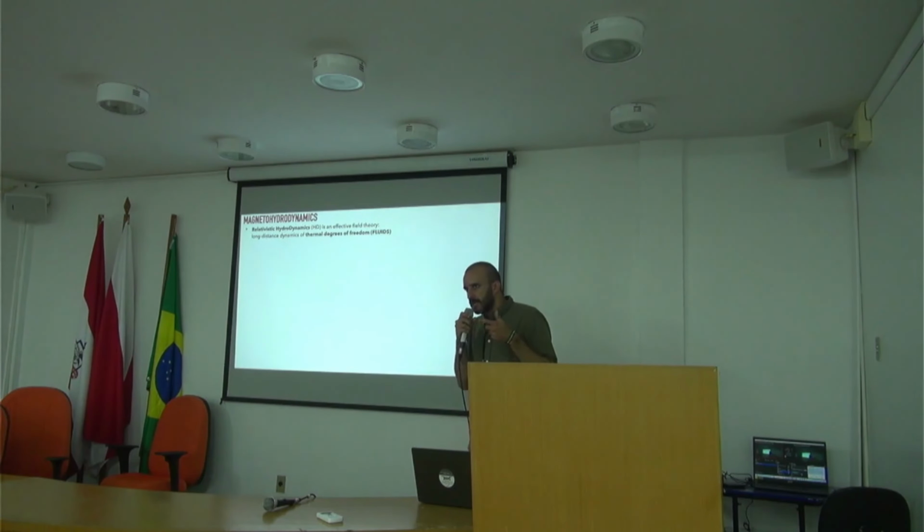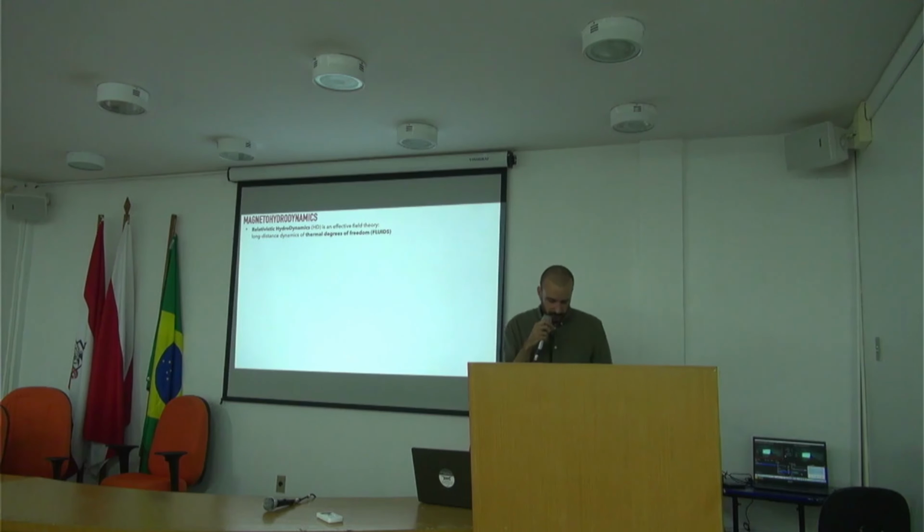Typically, in astrophysics, we are interested in matter in the form of gas or fluids or plasma, if we have electromagnetic fields. And the theory describing this type of dynamics is relativistic hydrodynamics, which we can consider as an effective field theory in the field theoretical sense.